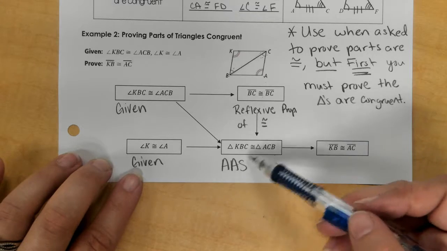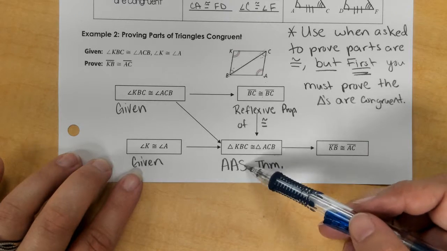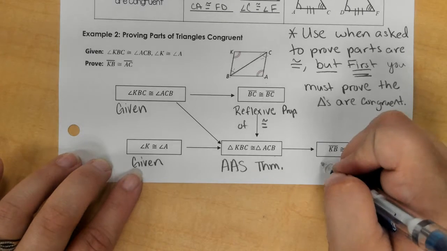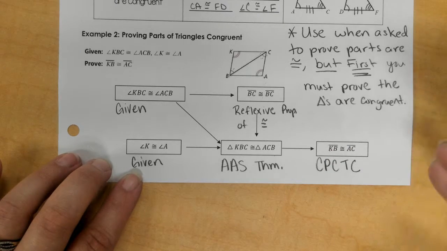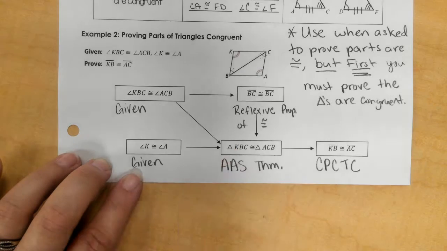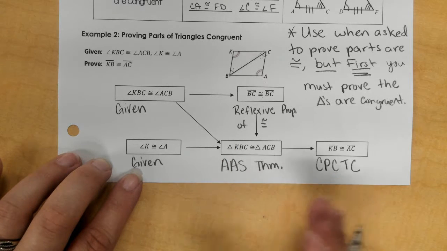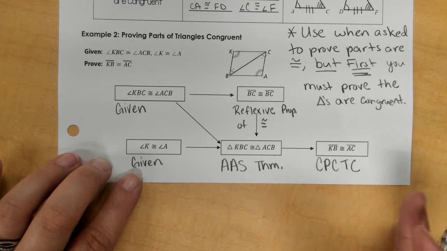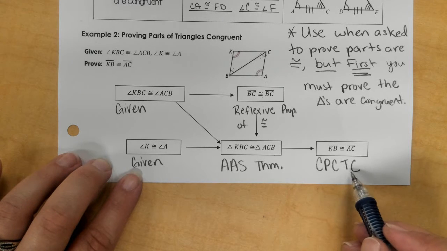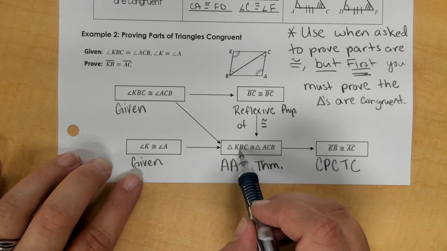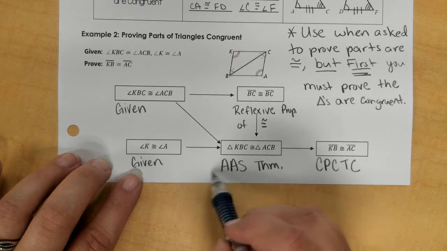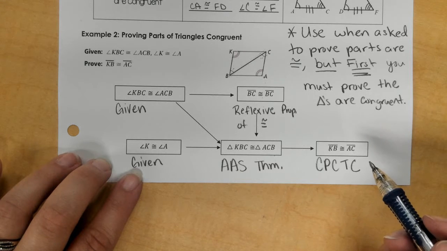If we've proved the triangles are congruent by one of those congruency theorems, then by CPCTC, all of the sides that correspond to each other in the triangles are congruent. All the angles are congruent to each other in each triangle. So we can use CPCTC because we proved that the triangles were congruent by one of those triangle congruency theorems. Okay?